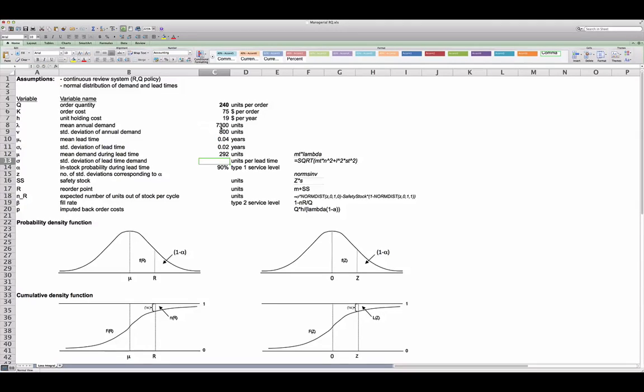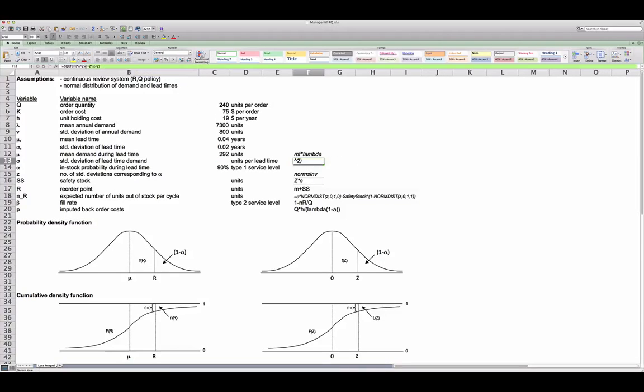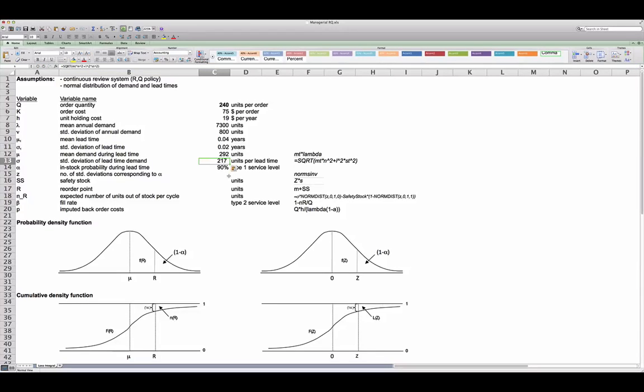which is 292 units, and sigma, the standard deviation of demand during the lead time, would be the square root of mu sub tau times the variation of demand, which is sigma squared, plus the average demand squared, times the variance of lead times, which is sigma sub tau squared. So here we get a value of sigma of 217.